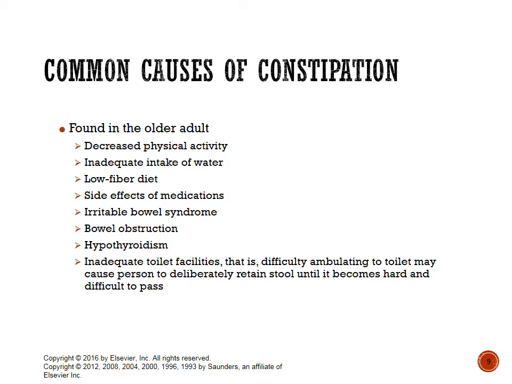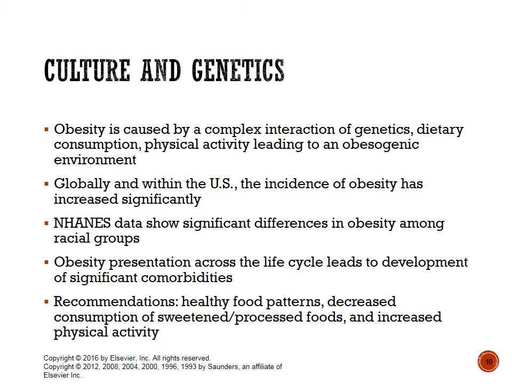You guys can read this. Hypothyroidism is more likely in elderly patients. And we also have to remember that a patient who has a tendency to be incontinent may try to hold stool in more, so it becomes more difficult for them to use the restroom later on.